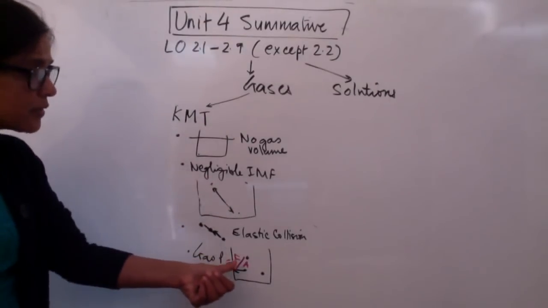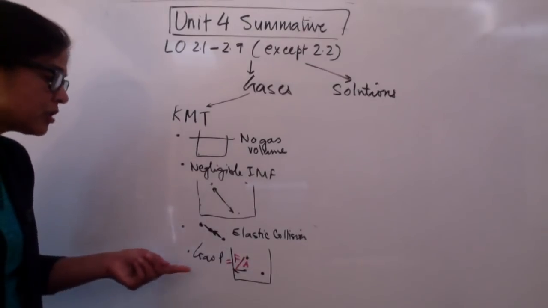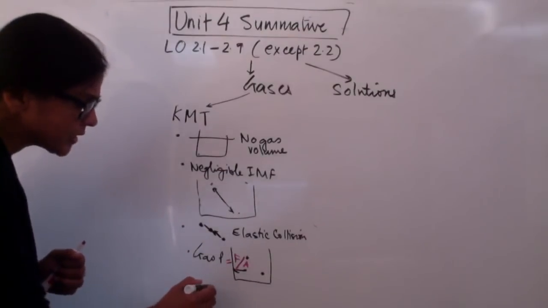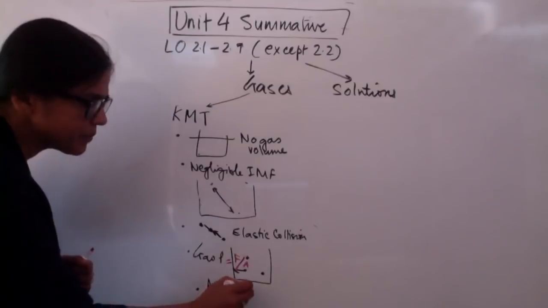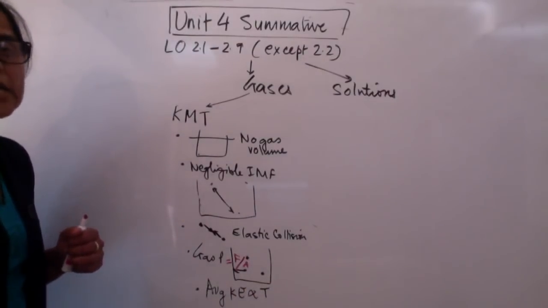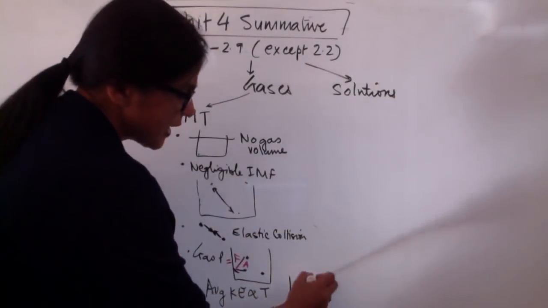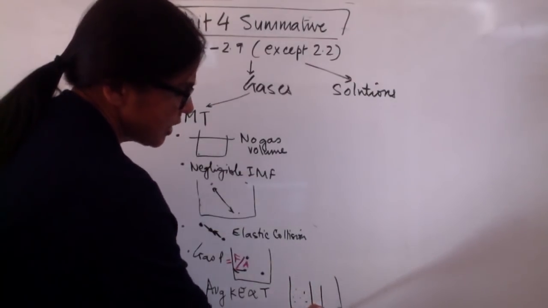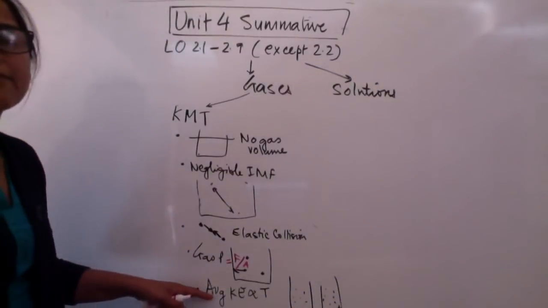The greater the force per collision, or the greater the number of collisions, the greater the gas's pressure. And the last postulate says that the average kinetic energy of a gas sample is directly proportional to the absolute temperature of the gas. So the higher the temperature, the higher the average kinetic energy. Its application is if I have two gases like hydrogen and nitrogen, both at room temperature, they will have the same average kinetic energy.